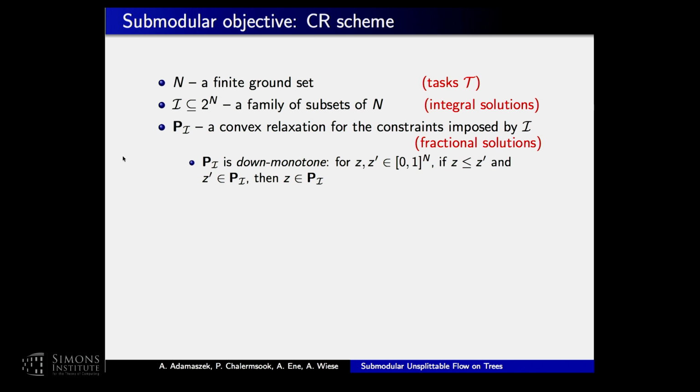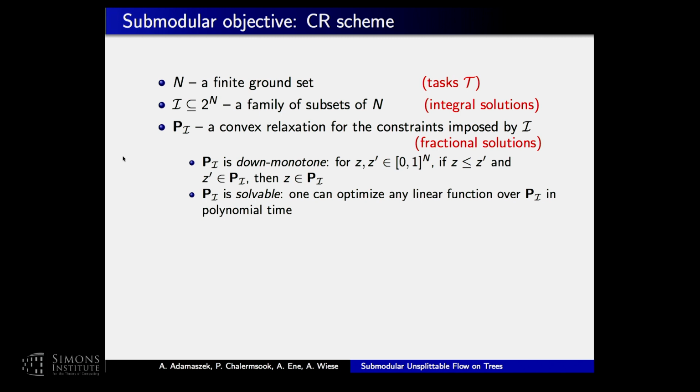And now it's easy to see that the polytope is down monotone. That is, if we have one solution which is feasible, and then we decrease some coordinates from the solution, then also we will get a feasible solution, because we want to schedule less. And then we can see also that the polytope is solvable.